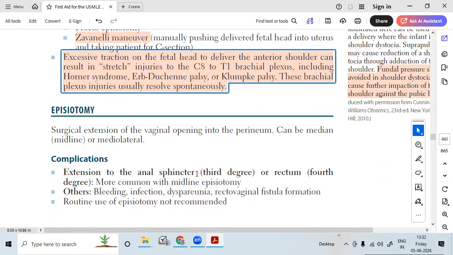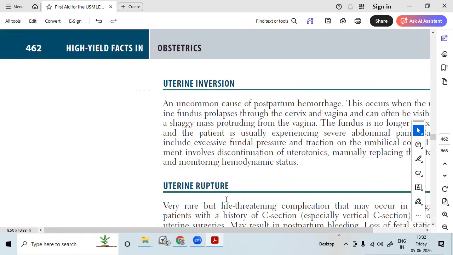Complications: extension to the anal sphincter, third degree, or rectum, fourth degree, more common with midline episiotomy. Bleeding, infection, dyspareunia, and rectovaginal fistula formation can occur. Routine use of episiotomy is not recommended, however, it is routine.